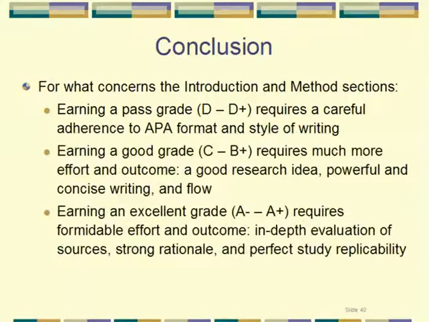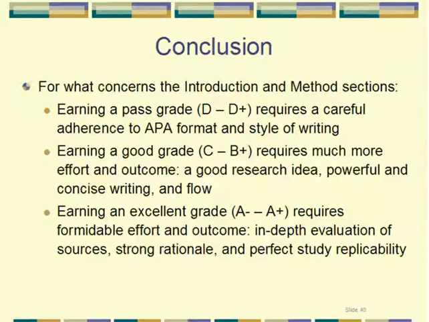It's time to wrap it up. In conclusion, for what concerns the introduction and method sections, earning a pass grade, between D and D+, requires a careful adherence to APA format and style of writing.